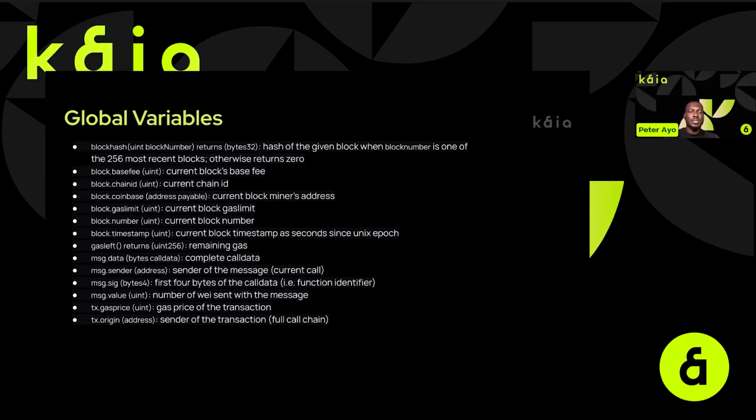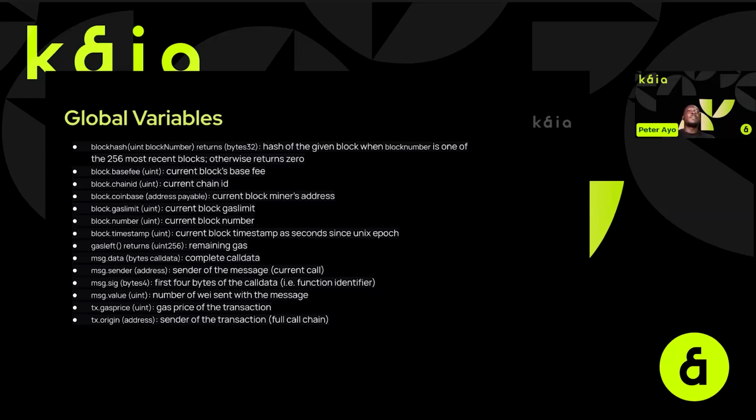Like I mentioned previously. Now, msg.value is the number of wei sent with the transaction call. As you have seen, when we called the deposit function, in our deposit function we used the keyword msg.value.